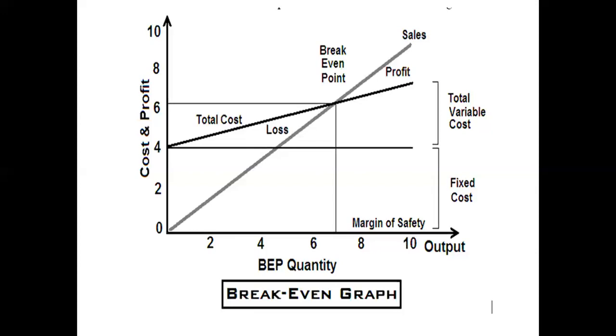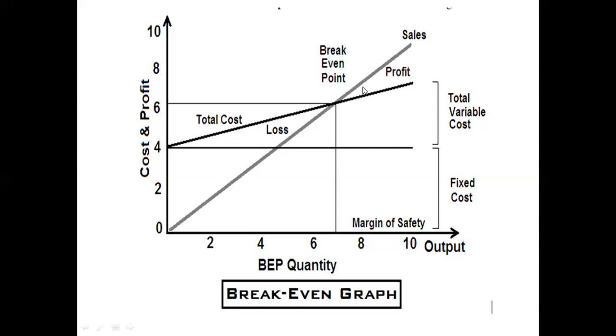Then coming to the third cost, that is total cost. It gives the sum of variable cost as well as fixed cost. Then coming to the angle of incidence, see here, this is the intersection point of the total cost line as well as the variable cost line.